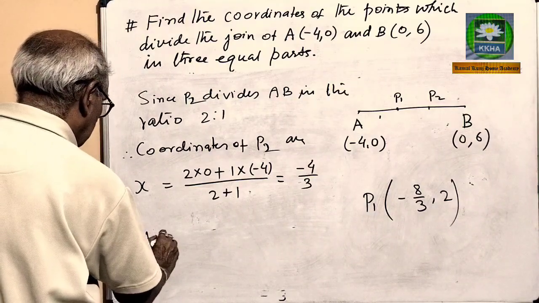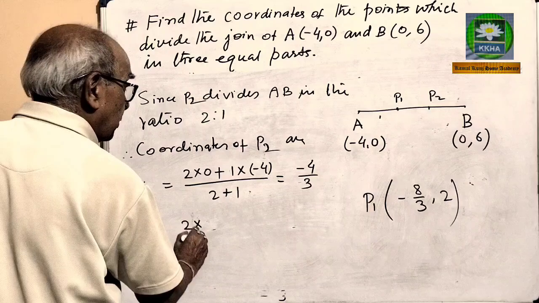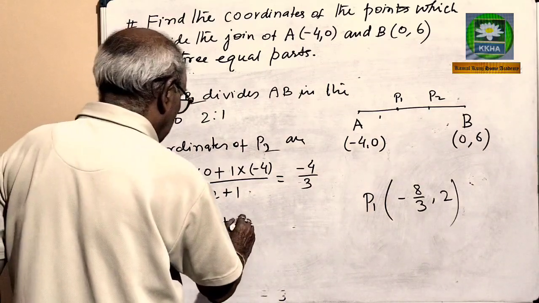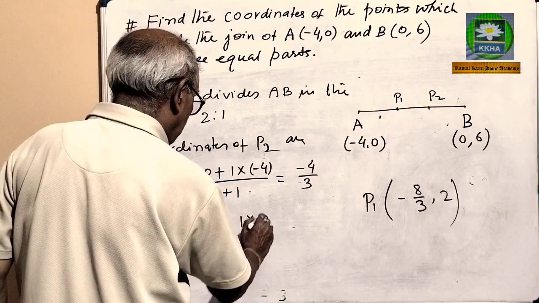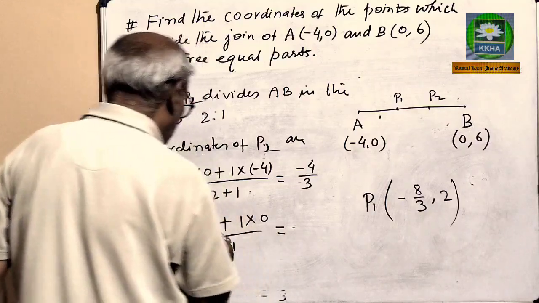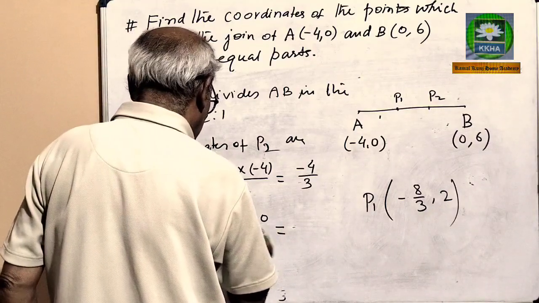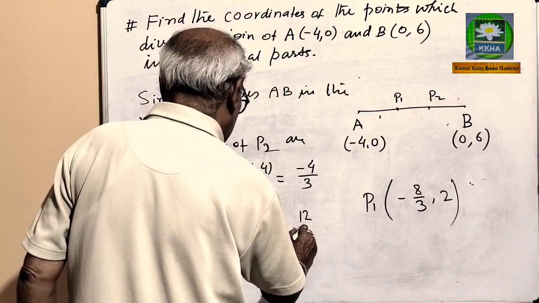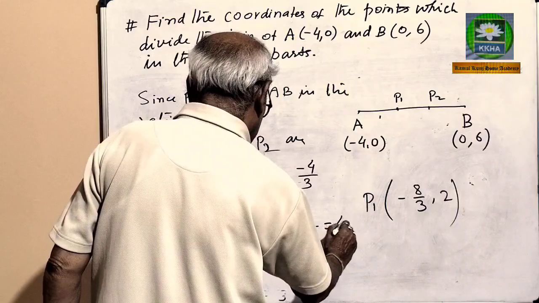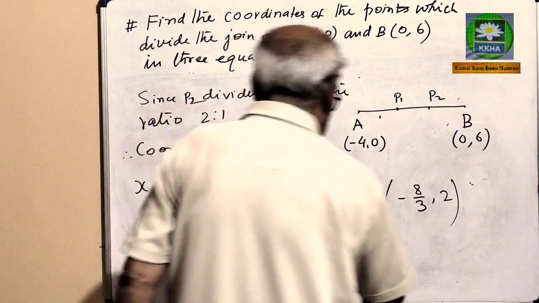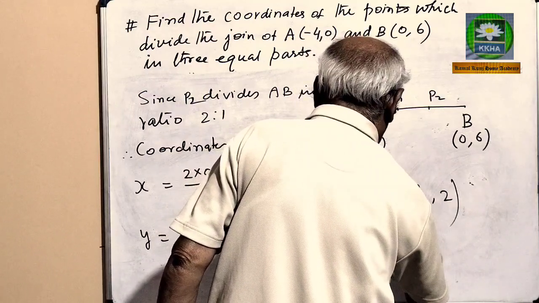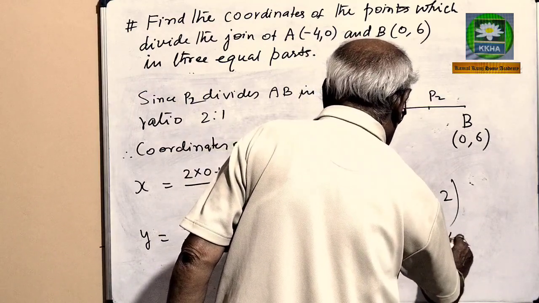And y will be equal to 2 into y2 which is here 6, plus 1 into y1 which is 0, upon 2 plus 1, is equal to 12/3 which is 4. So coordinates of P2 will be minus 4/3 and 4.